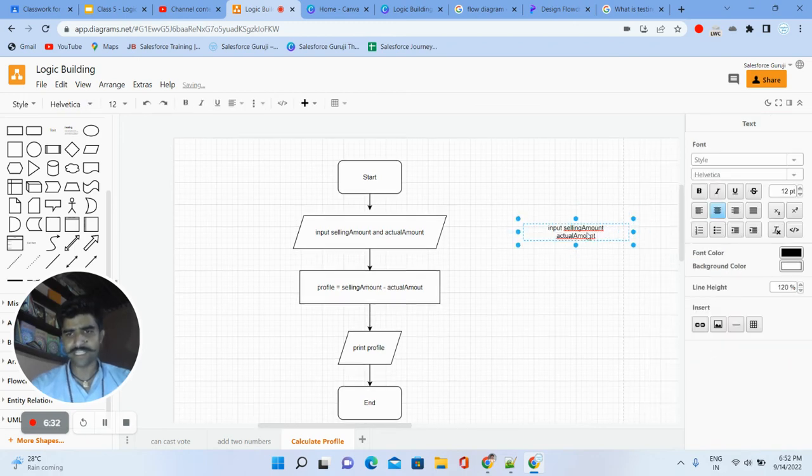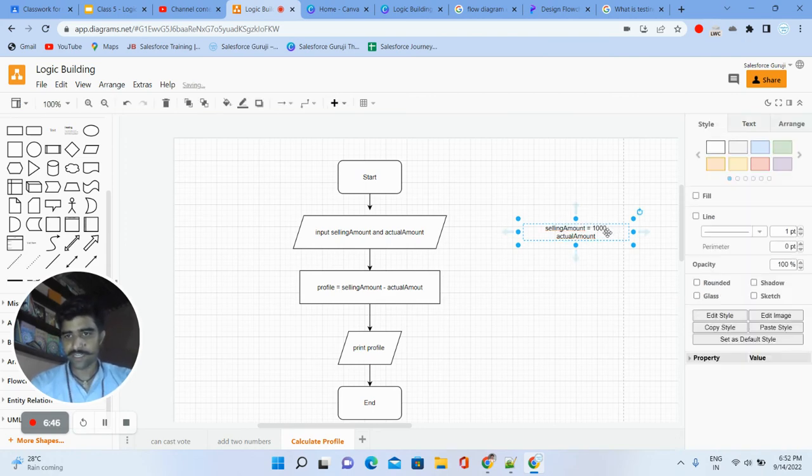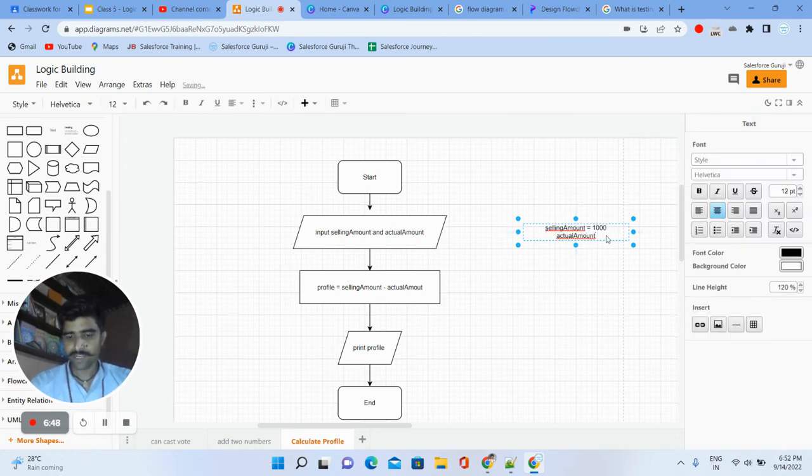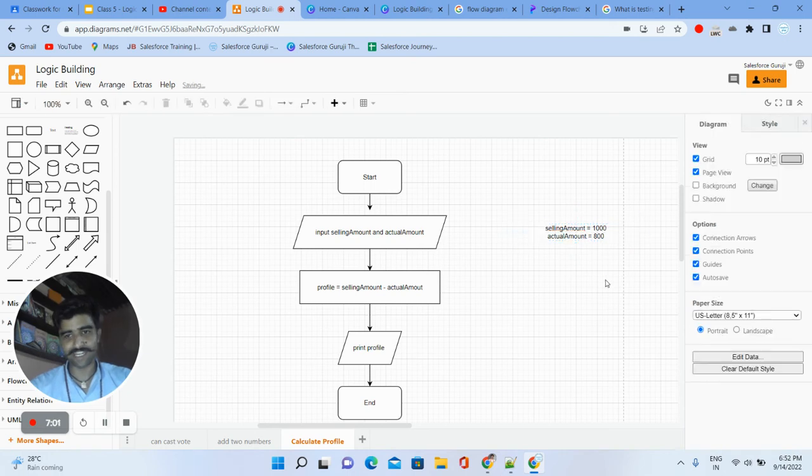You can even put this in your notepad anywhere, but I'm just putting it here. In the selling amount I'm putting 1000, and in the actual amount I'm putting 800.